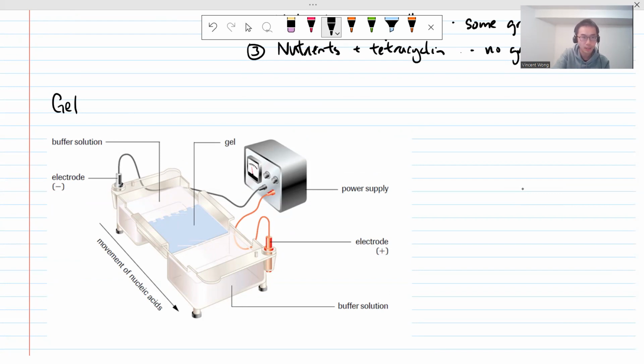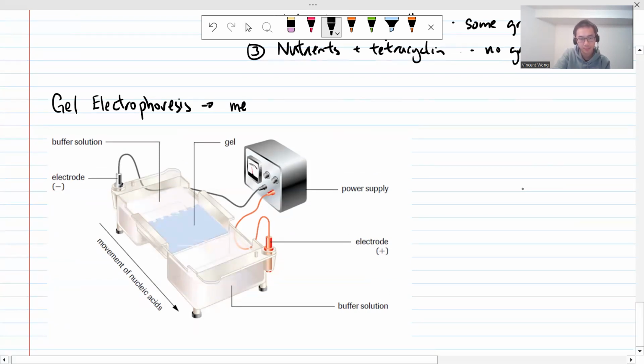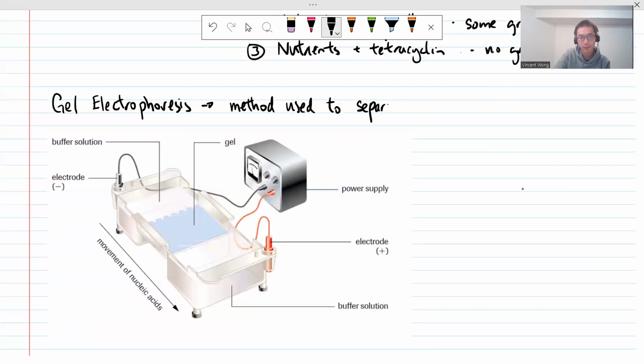So this is called gel electrophoresis, which is a method used to separate DNA based on length.